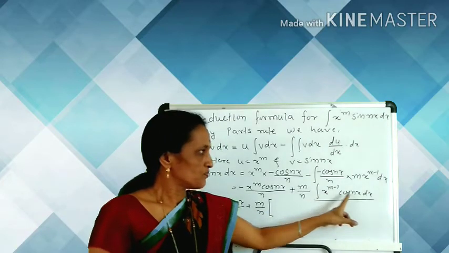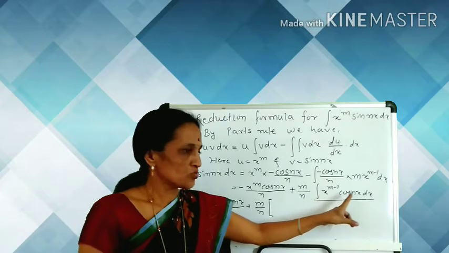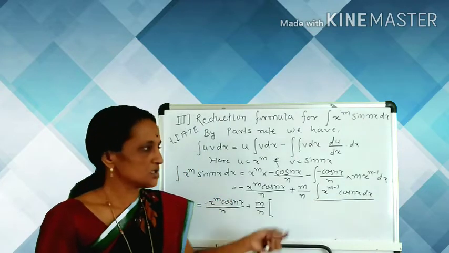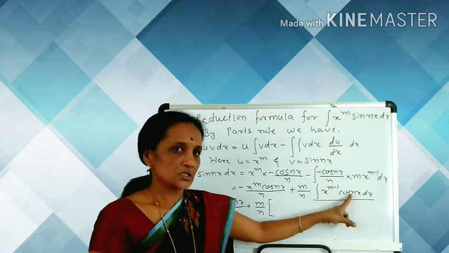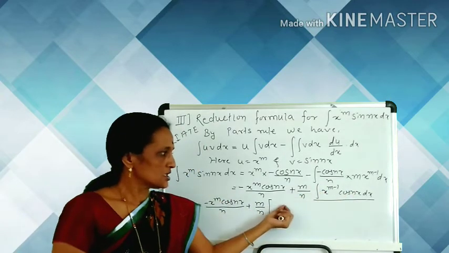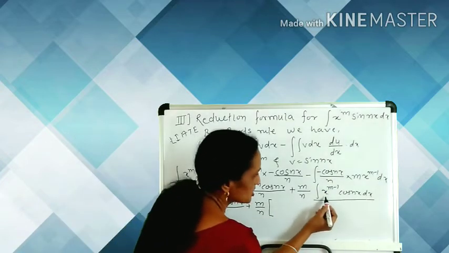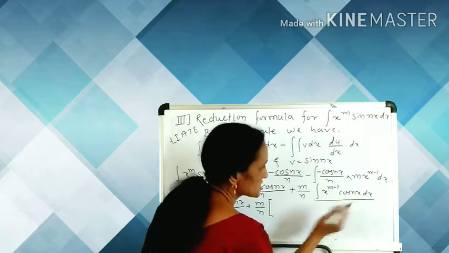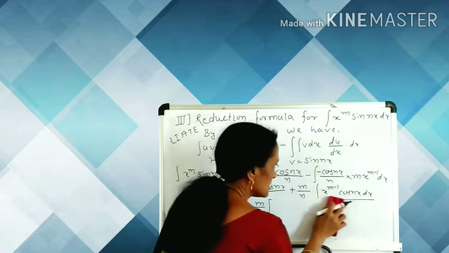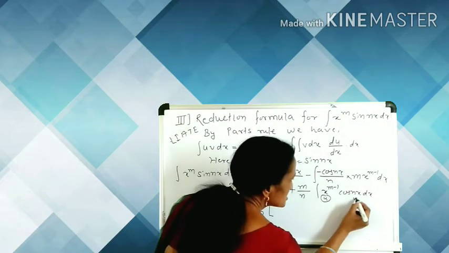In the parts rule there is a choice for the first and the second function, one algebraic, another trigonometric, and I directly write this using the formula. This is your first function, the u function, and this is the second function, the v.